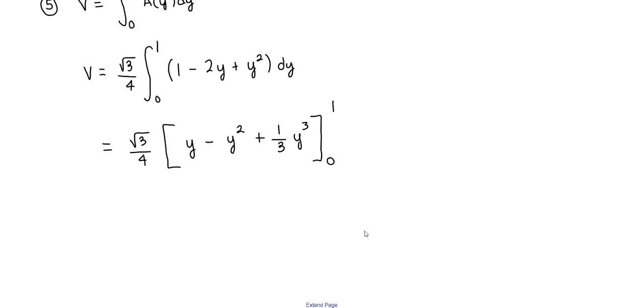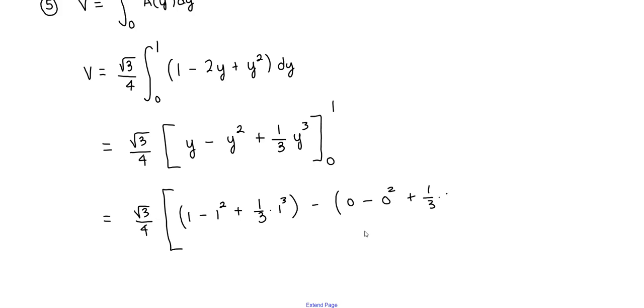Okay, now let's go ahead and evaluate this. So we have the square root of 3 over 4. We plug in 1, we get 1 minus 1 squared plus 1/3 times 1 cubed, minus 0 minus 0 squared plus 1/3 times 0 cubed.